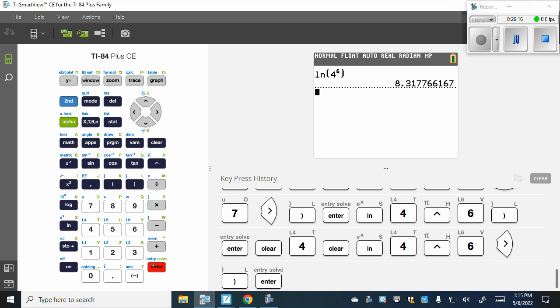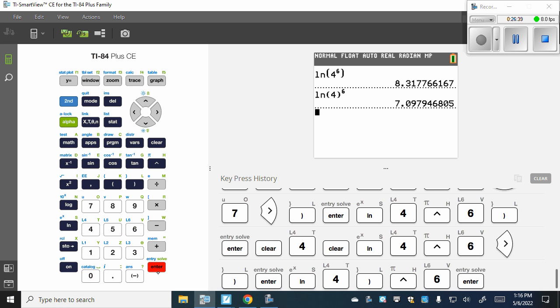So 8.3177 or 8.318. So we type it in exactly as it is written. If the parentheses wasn't after the 6th power, so if we said ln of 4, close parentheses, to the 6th, type it in exactly as it's seen, because ln of 4 to the 6th and ln of 4, close parentheses, to the 6th give us two separate values.